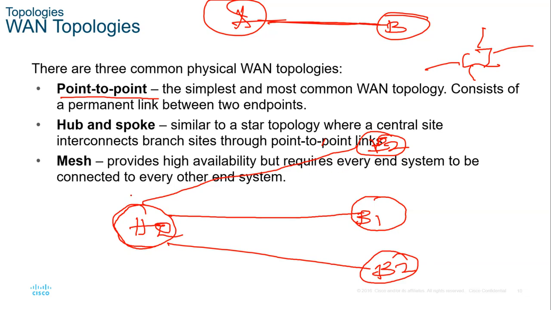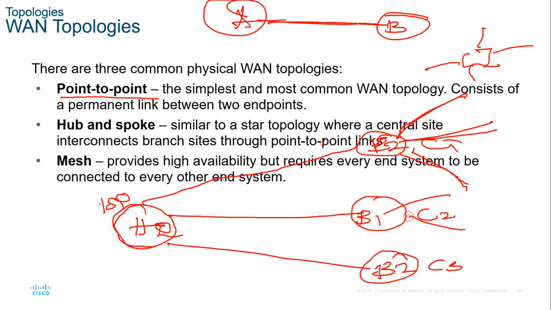Most of the time, I refer to the hub as the ISP and these as clients: client 1, client 2, client 3. You can have as many as possible, but the headquarter connects to each branch through a point-to-point link.